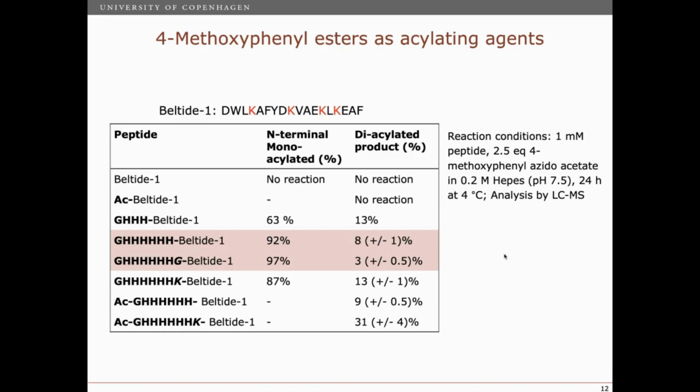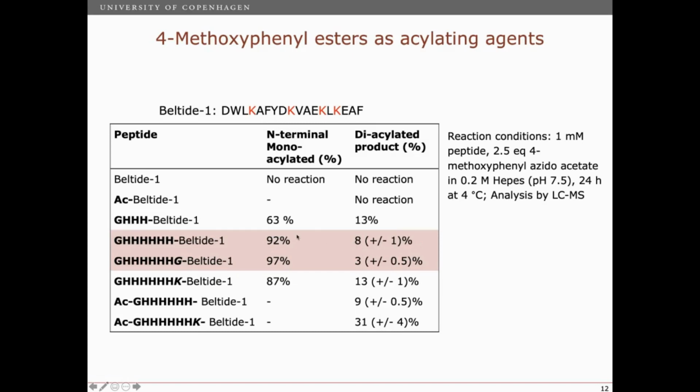Okay, we then went on to work with longer sequences, and there we decided to work with this peptide here, which we have renamed beltide because it's a belt-forming peptide. And if you look here, glycine, 6 histidines, very nice, very selective acylation of the N-terminal. This here has 3 lysines, and you see a little bit of over-acylation.